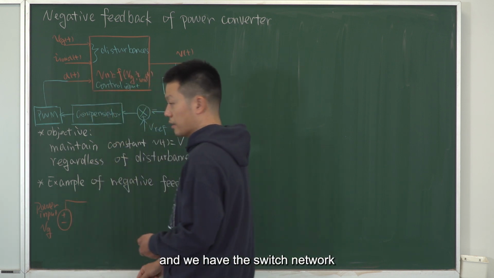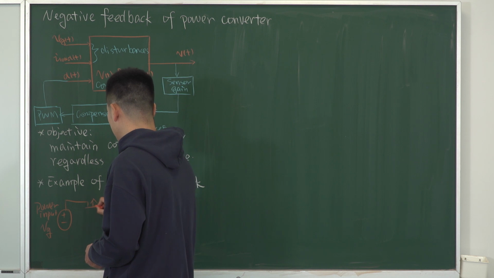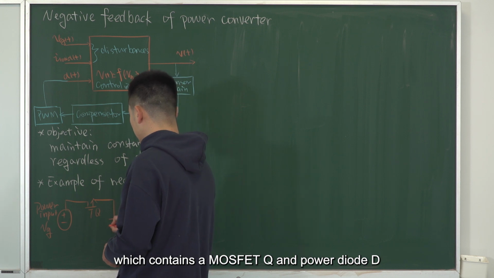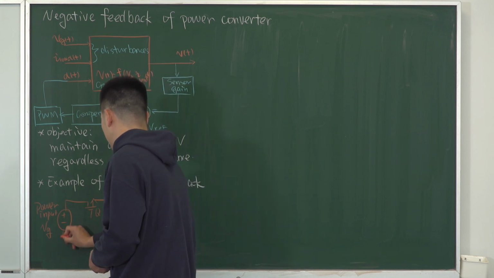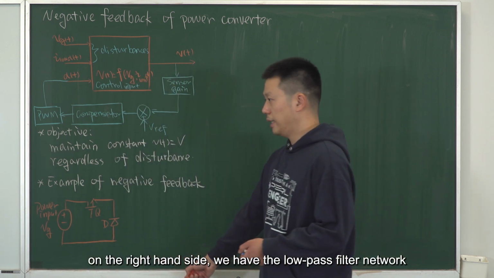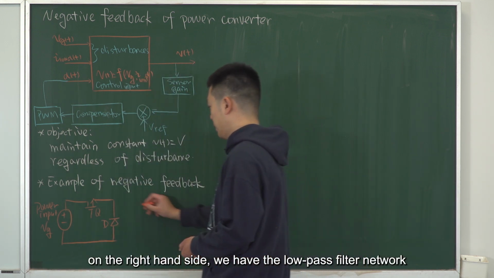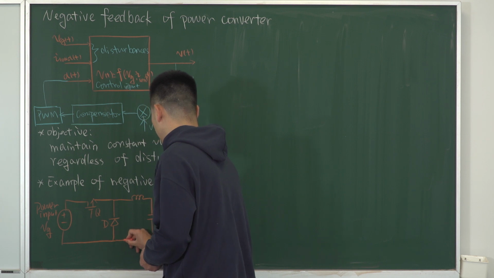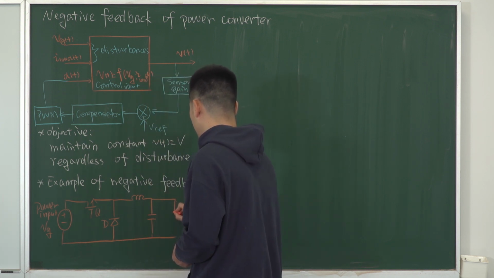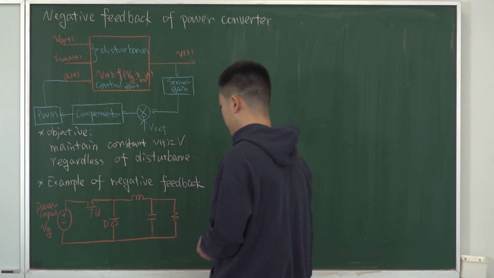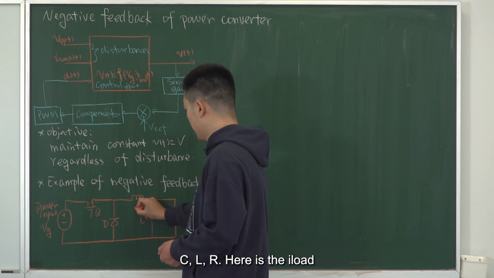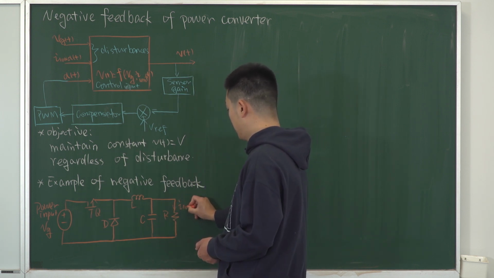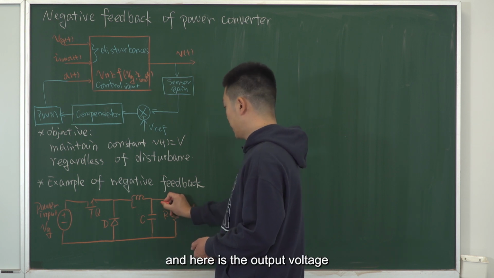And we have the switch network, which contains a MOSFET Q and power diode D. On the right-hand side, we have the low-pass filter network: C, L, R. Here is the Iload. And here is the output voltage.